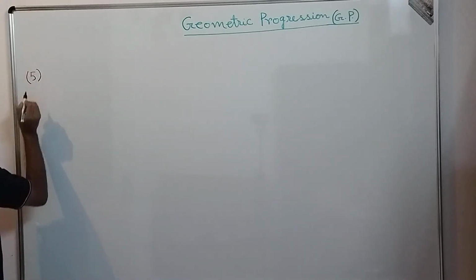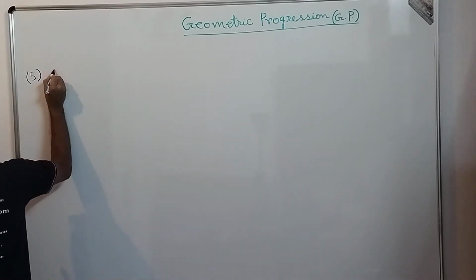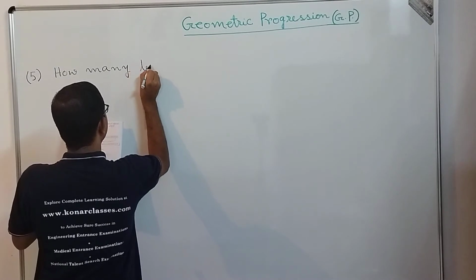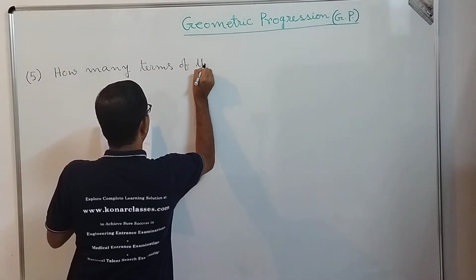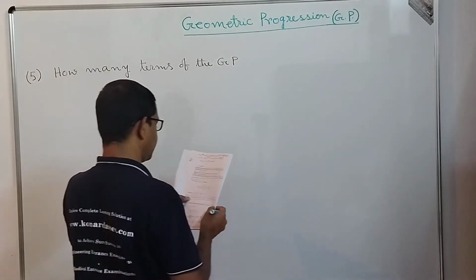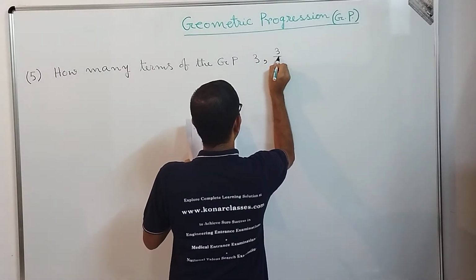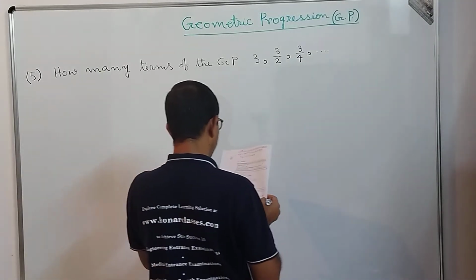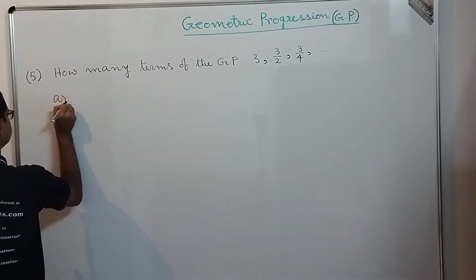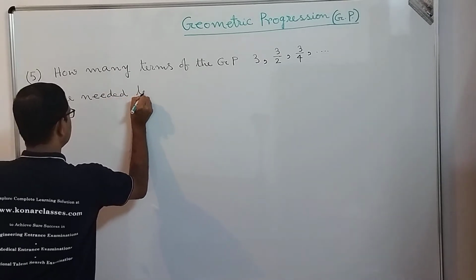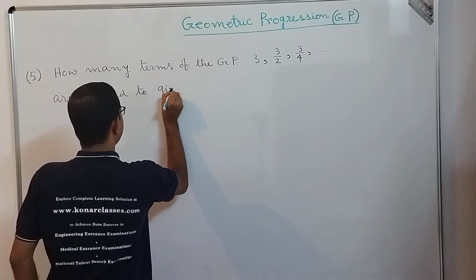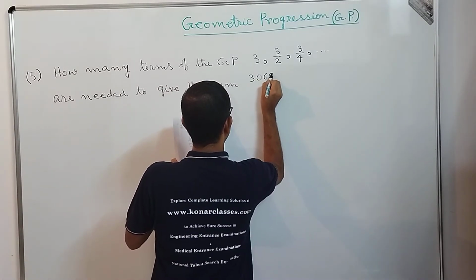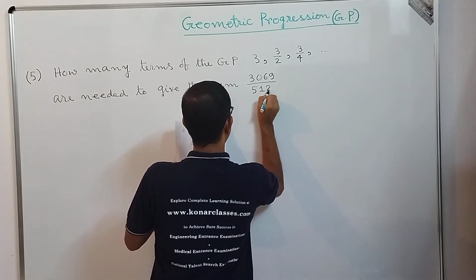Question number 5 is: how many terms of the GP 3, 3 by 2, 3 by 4, and so on, are needed to give the sum 3069 divided by 512?